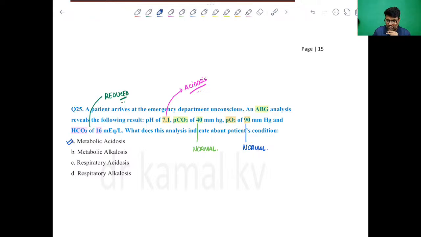So if I put the word here, respiratory or say metabolic, in respiratory PCO2 has to be more than 45, and in metabolic the bicarbonate has to be less than 22. Clear? So as simple as that.